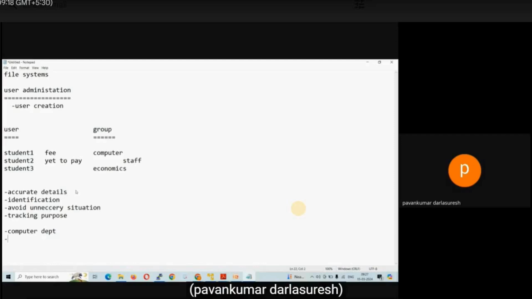He is helping the lab team, working part-time in the lab team also. Along with the regular access, he has some other additional access in the computer department.